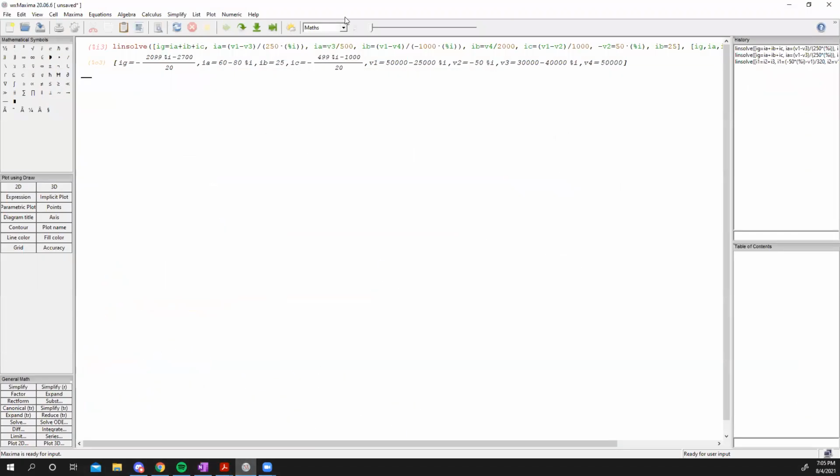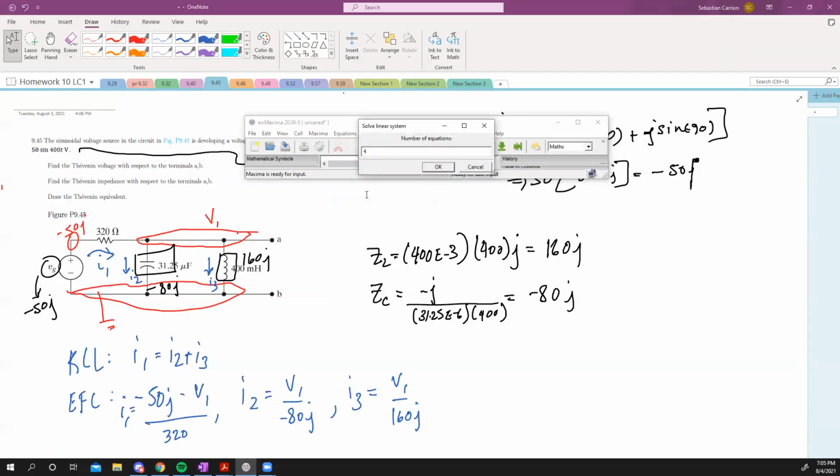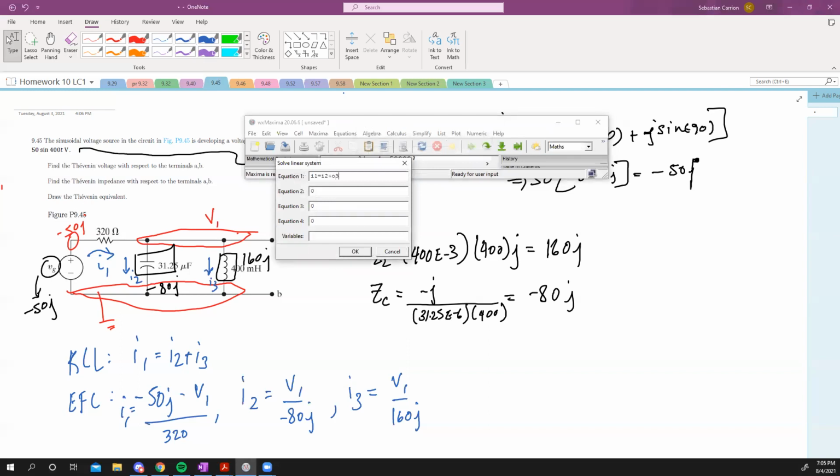And now we can plug this into Maxima. So we have equations: I1 equals I2 plus I3, I1 equals negative 50j minus V1 over 320, I2 equals V1 over negative 80j, I3 equals V1 over 160j, then I1, I2, I3, and V1.